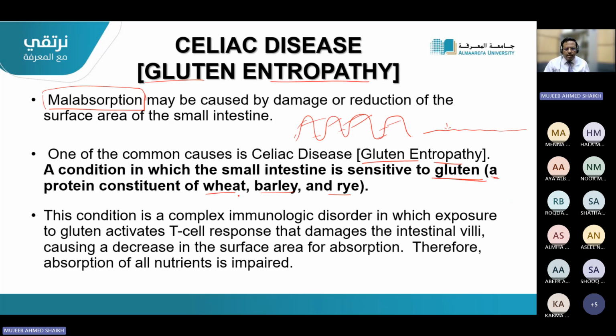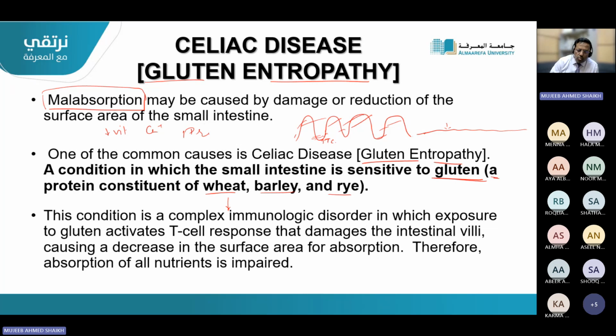Those persons who are sensitive to gluten will have T cell accumulation and an inflammatory reaction, and after that the mucosa will become flat. So the absorption of various materials will be decreased.